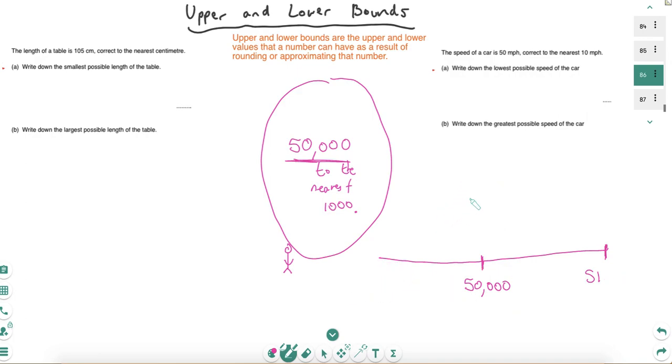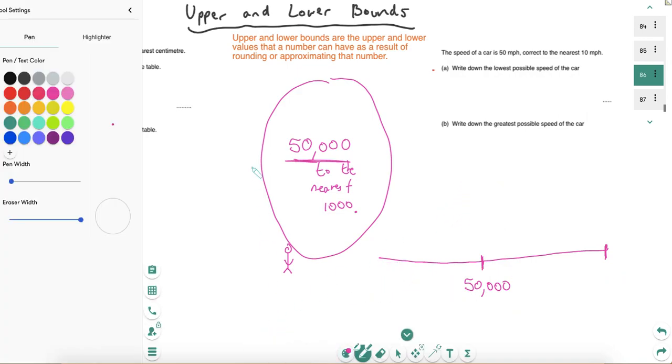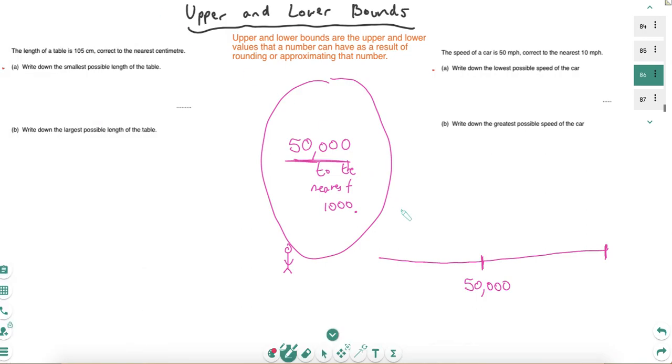So how do we find the upper and lower bounds? Step one is actually what we just did. We're going to add 1,000 and subtract 1,000 from our approximation. So 50,000 plus 1,000 is 51,000, and 50,000 minus 1,000 is 49,000.